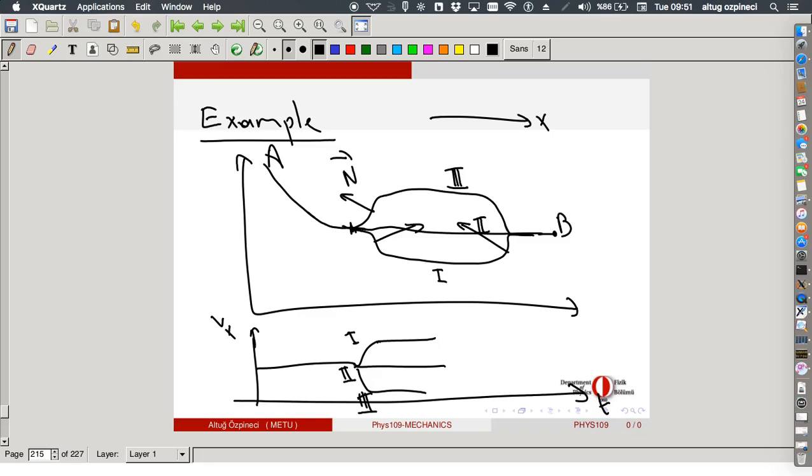And we also know that the distance is nothing but the area below the v-t diagram. So the first particle, this one, should reach the end point first.